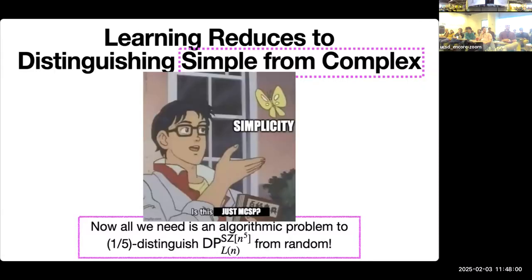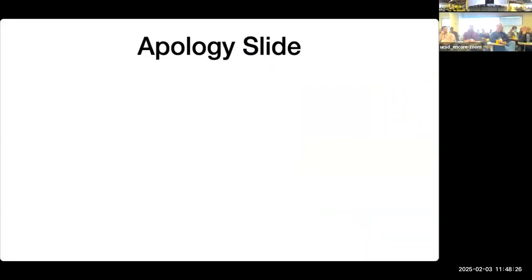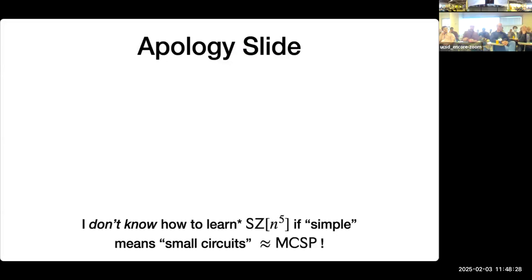Normally at this point in a talk, I would define the minimum circuit size problem and tell you that it's the answer to all of your hopes and dreams. But today it's not, for reasons that are deeply frustrating. So here's an apology slide.